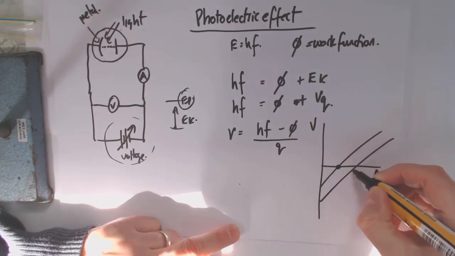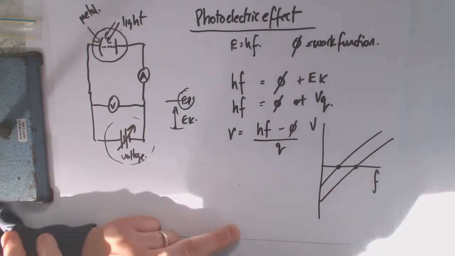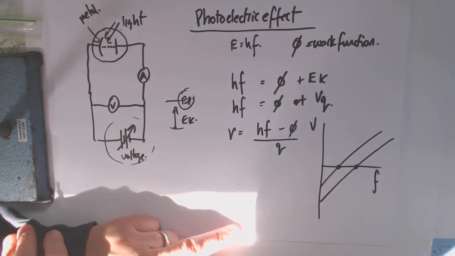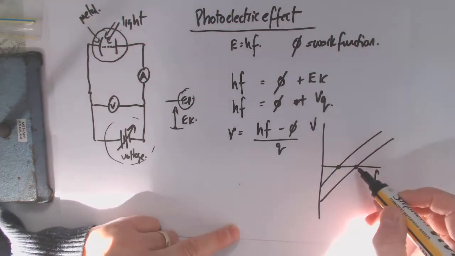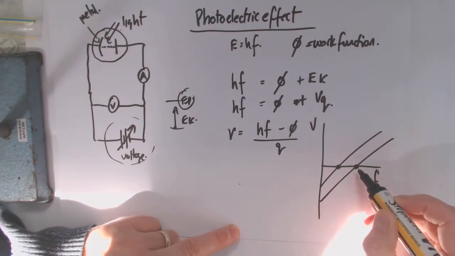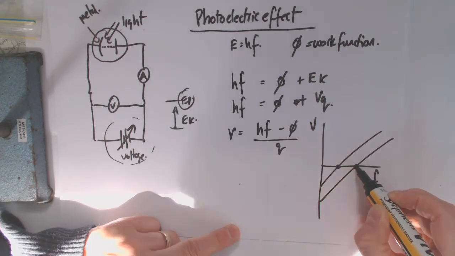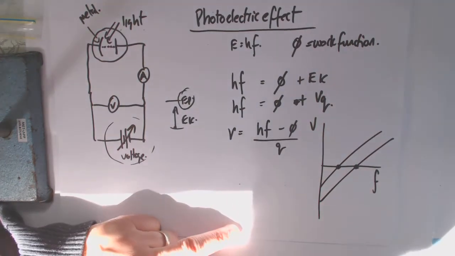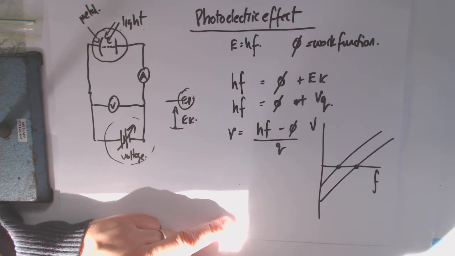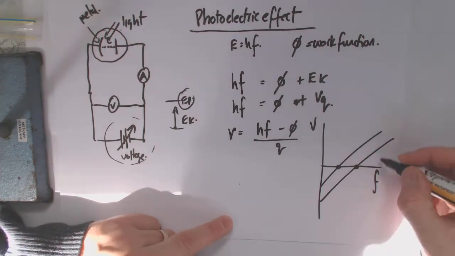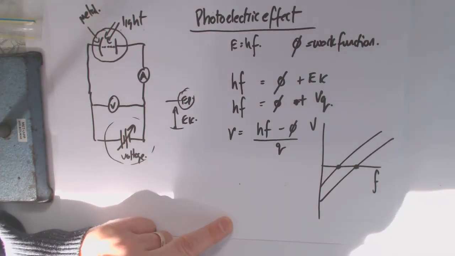And these different types of metal have different frequencies at which the energy will equal the work function. So this is the threshold frequency. This metal requires a greater frequency, therefore it requires greater energy just to release the electron. So the height above here then becomes a measure of the kinetic energy they gained.